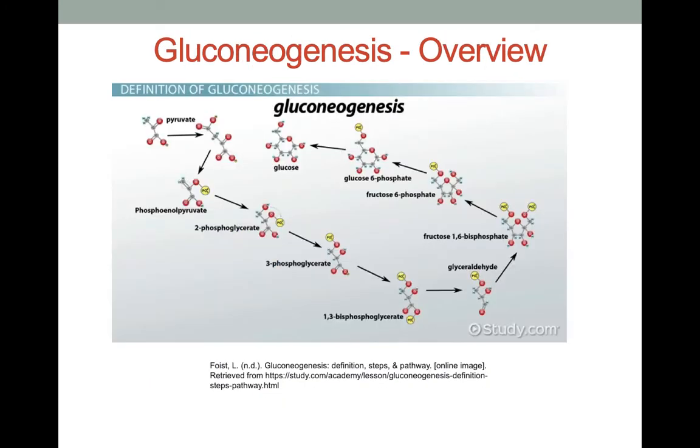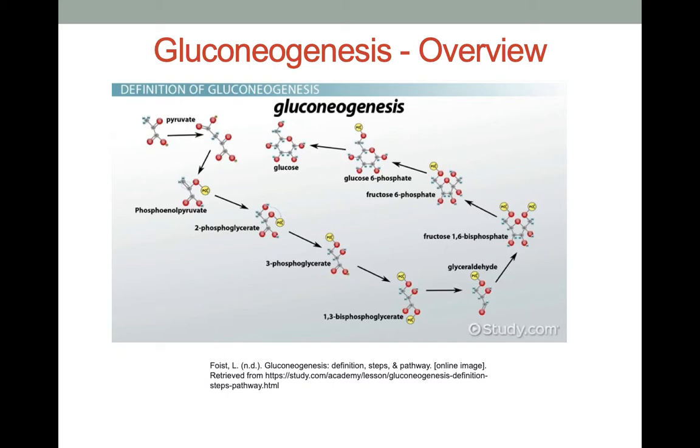Okay, now, gluconeogenesis. In this process, again, glucose is a very, very vital fuel for our bodies. Several organs, such as the brain, the nervous system, the erythrocytes or red blood cells, testes, the renal medulla, and embryonic tissues, have glucose as their sole source of energy.